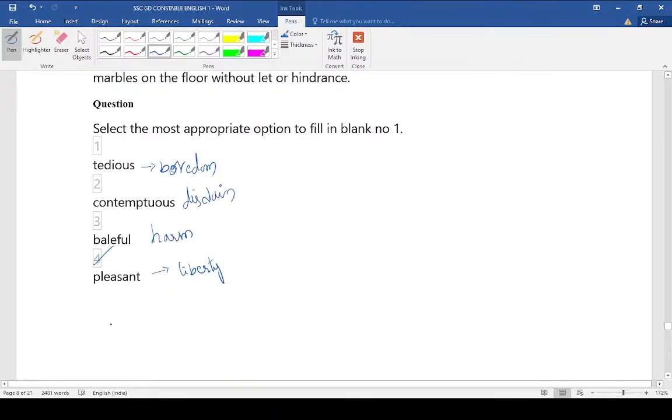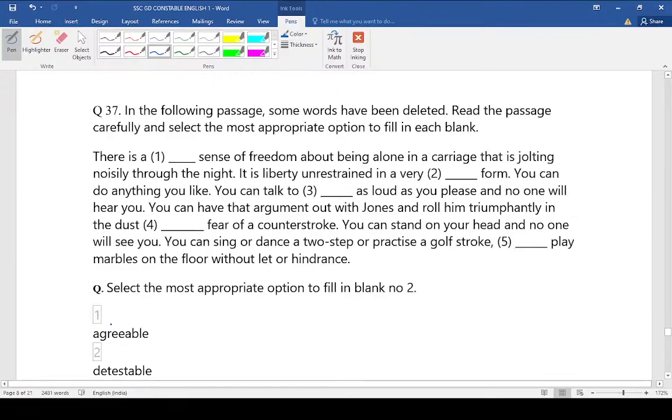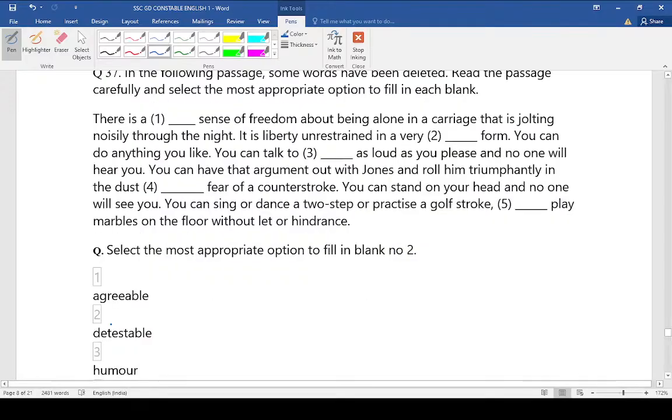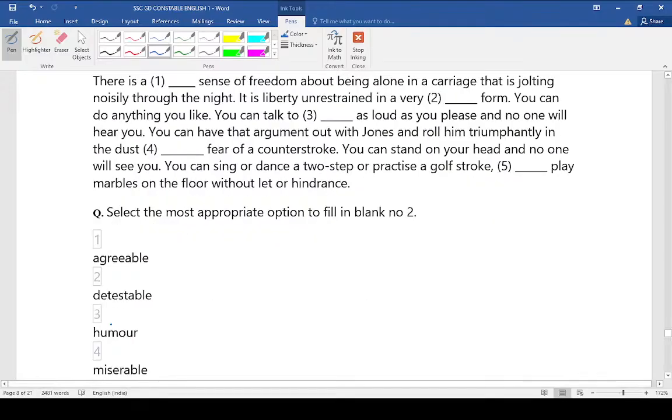Next question. It is liberty unrestrained in a very dash form. Select the most appropriate option to fill in the blank number 2. The options given: agreeable, detestable, humor, miserable.